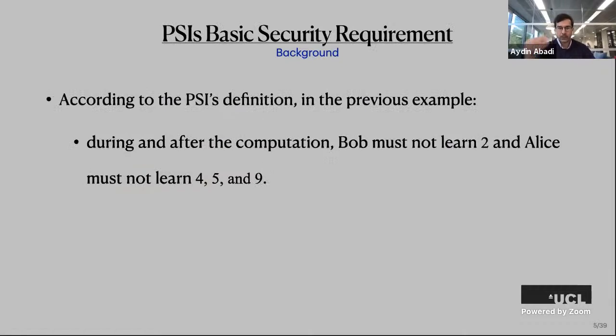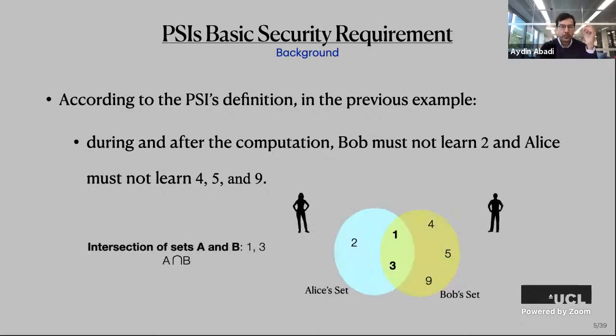So let's get back to our previous example. If Alice is corrupt in the previous example, then she might want to learn elements of Bob's set which are not in the intersection. Likewise, if Bob is corrupt or malicious, he may also want to learn other elements of Alice's set which are not in the intersection.